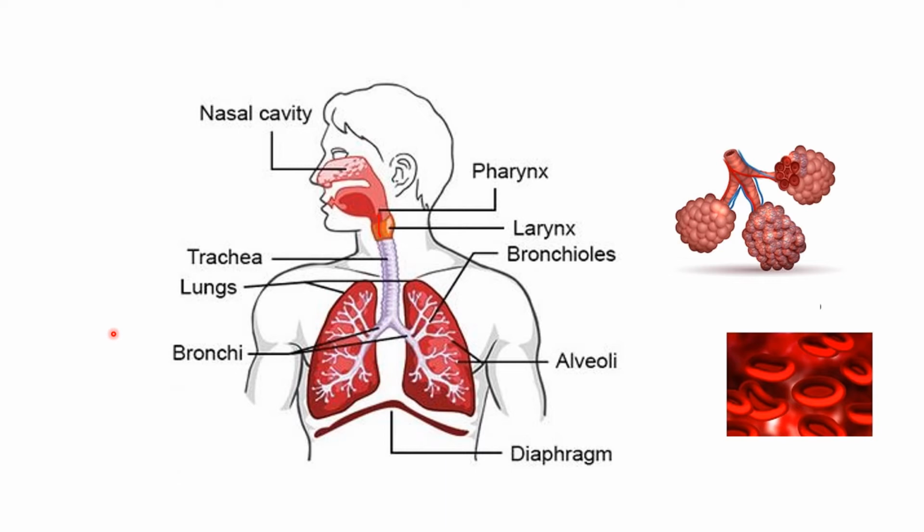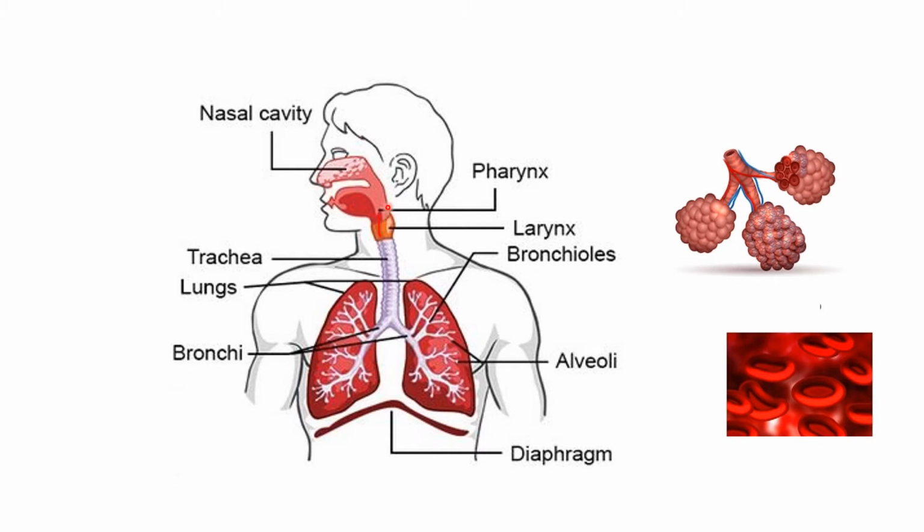This is just a flap-like covering, and this flap-like covering is for the purpose that at the time of swallowing the food, it makes sure that it covers the larynx, and when it just flaps down here, then this larynx is covered.